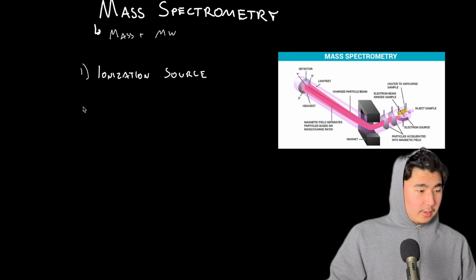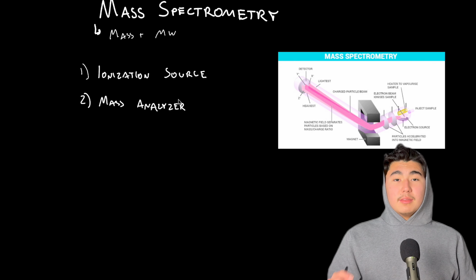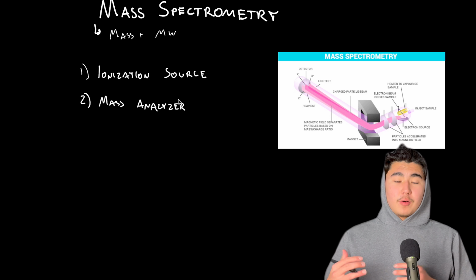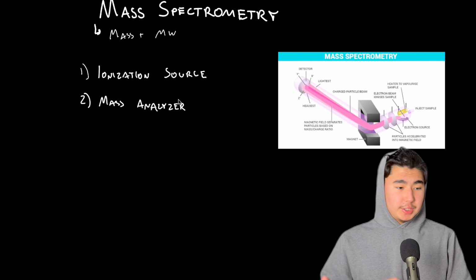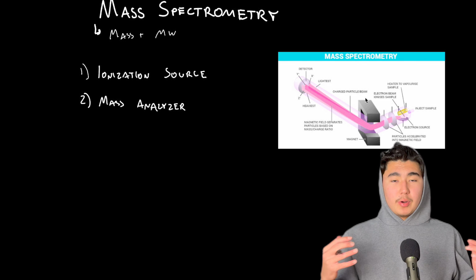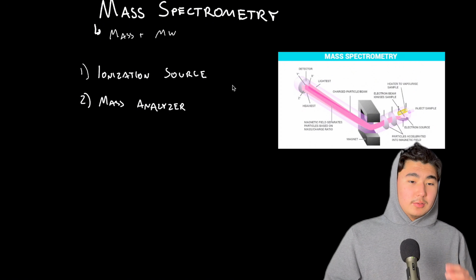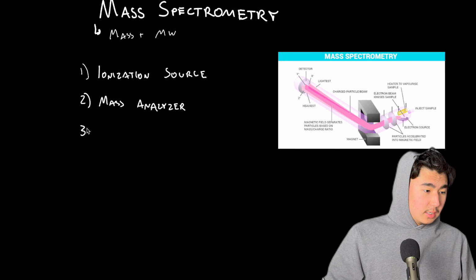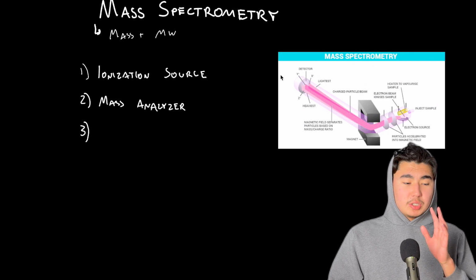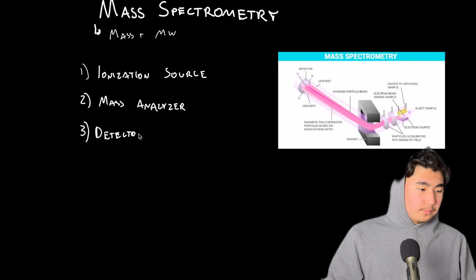The second part is going to be the mass analyzer. And this is where our ions will be separated by their mass to charge ratio. So it would be somewhere over here where that magnet would basically separate our particles by their mass to charge ratio. And then we're going to have our detector, right at the end of our mass spectrometer.